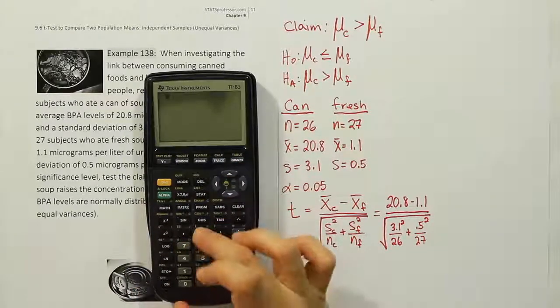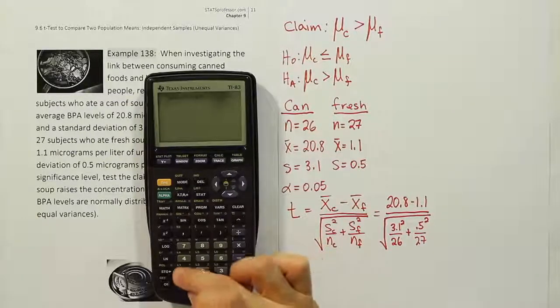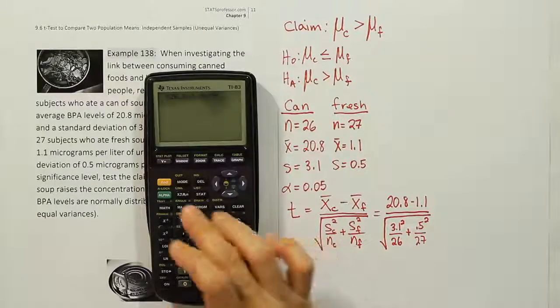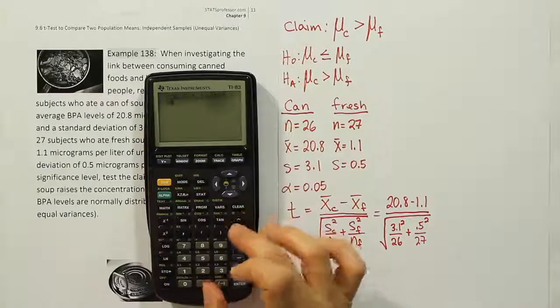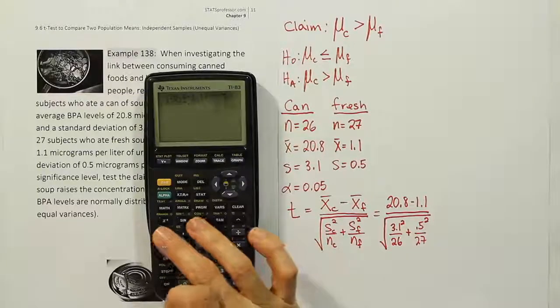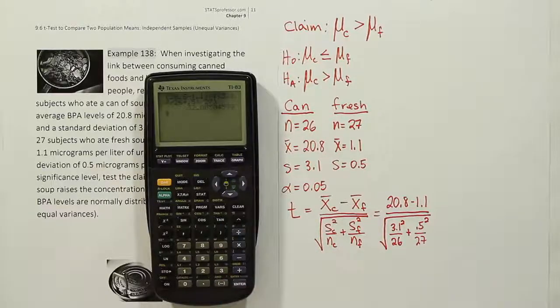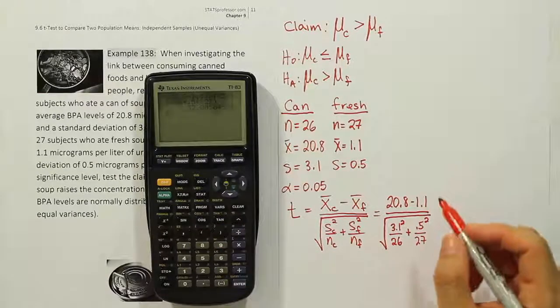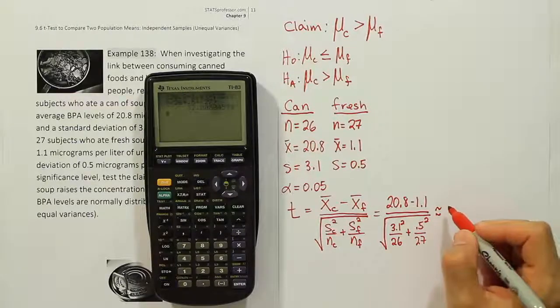So if I put the top in parentheses, I'll have 20.8 minus 1.1, close it up, then divide by the square root of 3.1 squared divided by 26 plus 0.5 squared divided by 27. Close it up, hit enter, and we get a huge test statistic here. The answer is approximately 32.01.